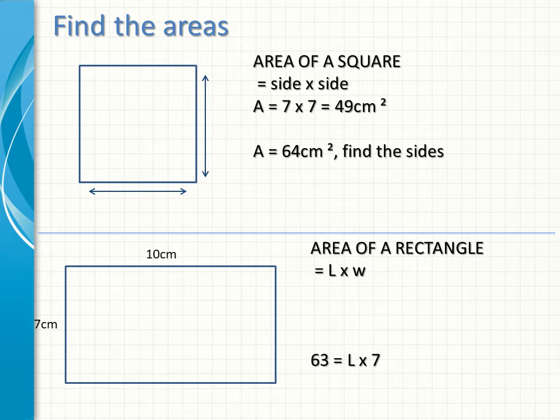Knowing well that all the sides are the same, it means they have multiplied a number by itself to have 64 centimeters square, because the number must be the same. It must be a number that was multiplied by itself to give 64 centimeters square. So now what do we do?